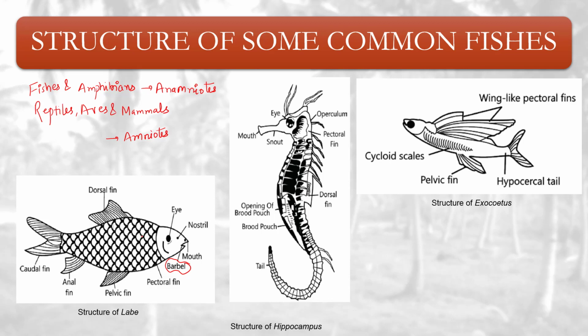Now you can see the dorsal fin, pelvic fin, and the pectoral fins. Pelvic fins and pectoral fins are paired, but the caudal fin is not paired. The mid dorsal fin is unpaired.